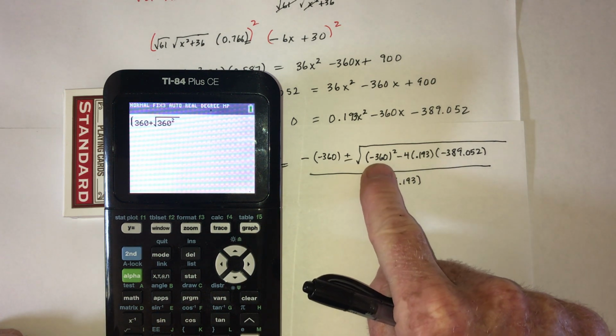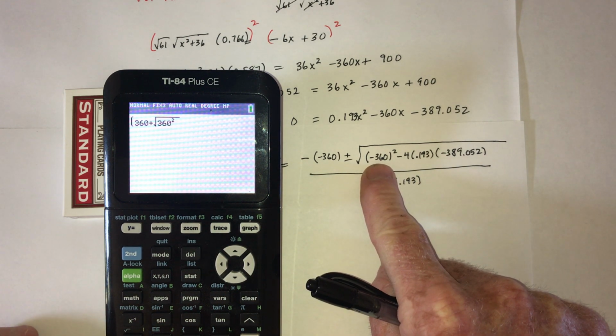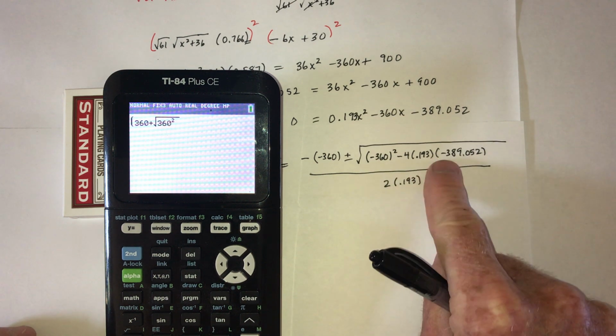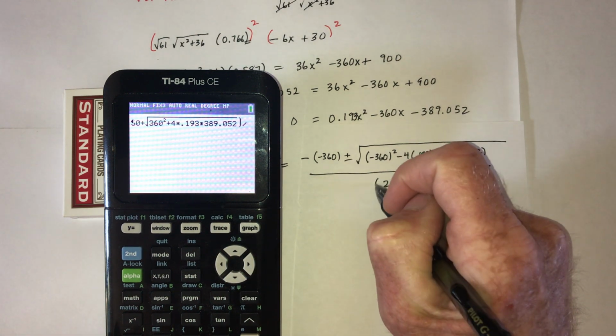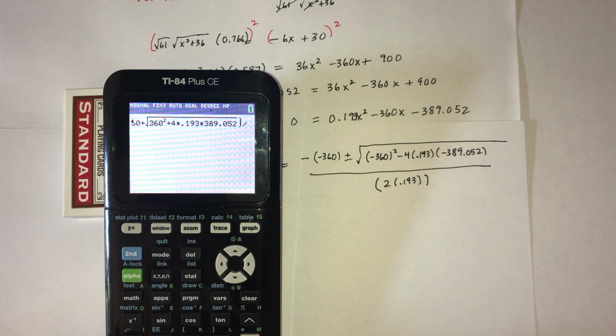I don't really need to put the negative because when you square a negative, it's positive. And then this would be negative times negative, so that's positive. 4 times 0.193 times 389.052. And then get out of the square root and put parentheses. And that gets divided by, and because this is two numbers, you should put it in parentheses so the calculator understands.